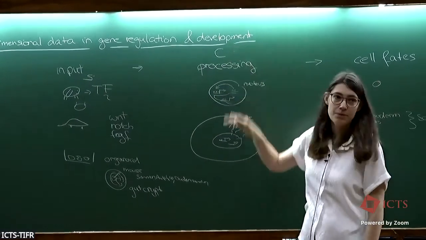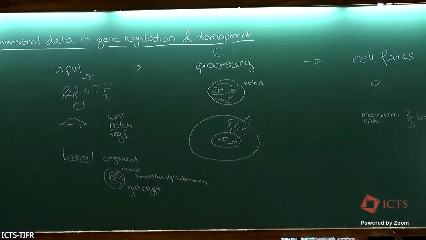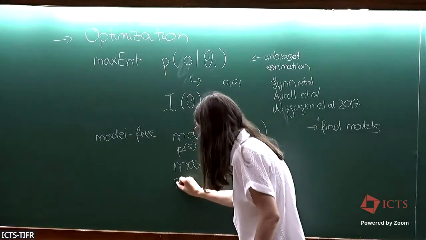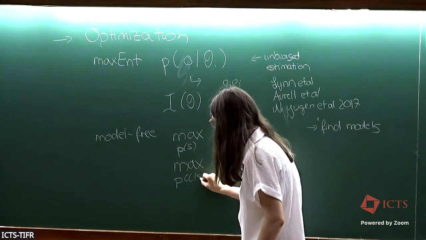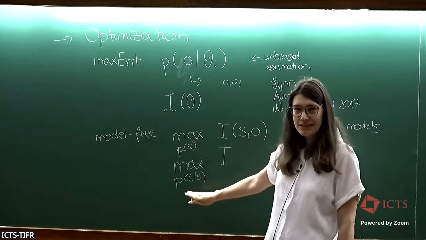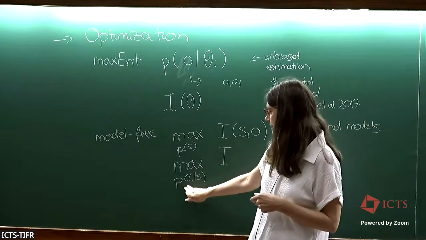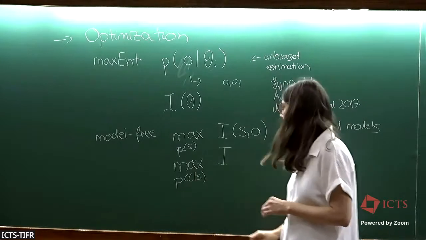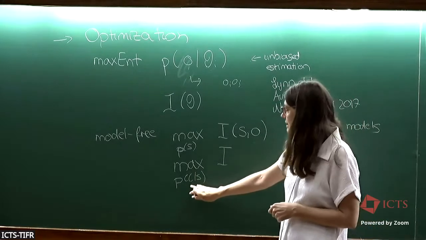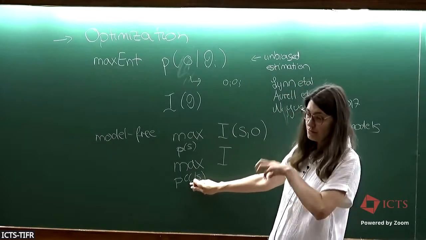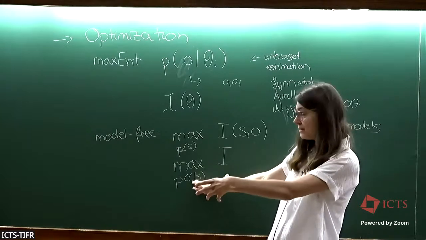So you have these processing variables C, and what you're trying to find is the conditional distribution P(C given S). Actually, when I write these distributions, people know from Shaun's talk what things mean. So P(C given S), yes, great. This is essentially the map that maps your processing variables from your signals.